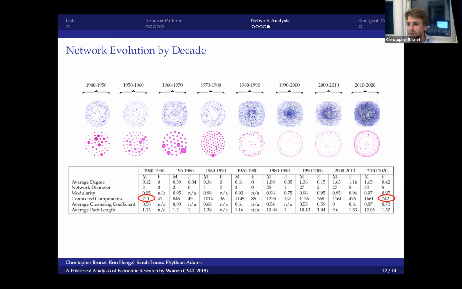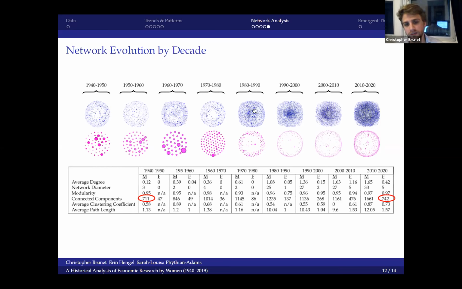And the story that these graphs are telling is that while the male networks have been highly developed right from the start, basically, the female networks are lagging way behind. And just by visually looking at them, you can tell that they are starting to develop, but that's a very recent phenomenon.